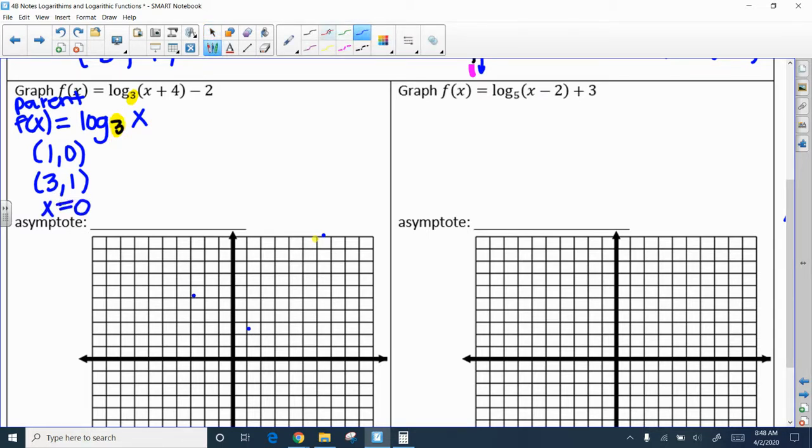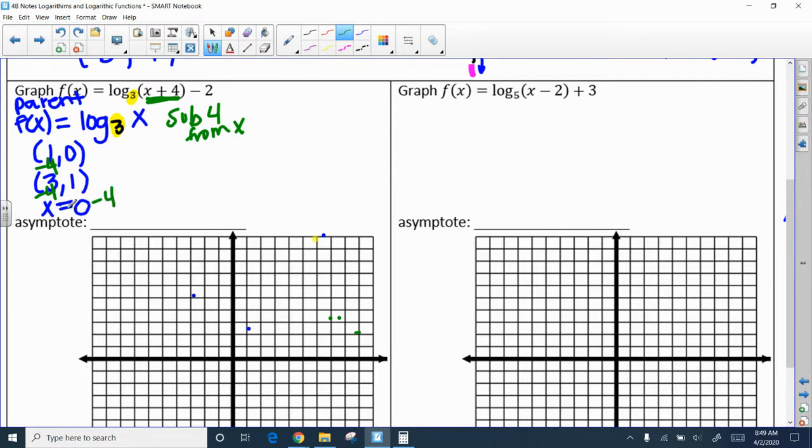So this one only has 2 transformations. We've got this plus 4 that's with the x. So I know that's affecting the x value. Now remember, when something's with the x value, we do the opposite. So to do this operation, we are actually going to subtract 4 from the x values. However, notice our asymptote is also x equals, not y equals like exponential.